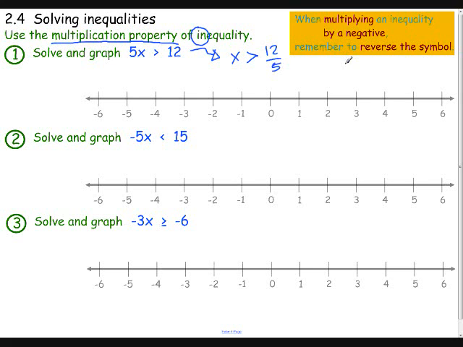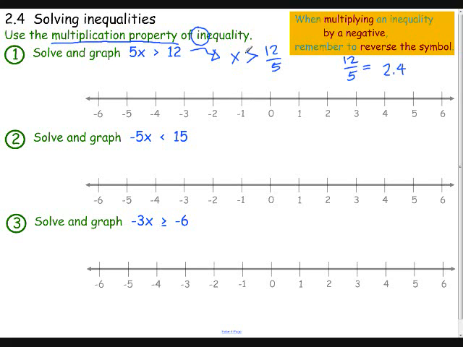12 divided by 5, to help us graph, it's actually better if we don't have an improper fraction. So one-time improper fractions don't help us much. This will be 2.4. Is that correct? 5 goes in twice, leaving us with 2/5, which is the same as 4/10.